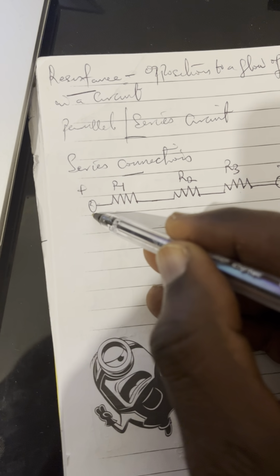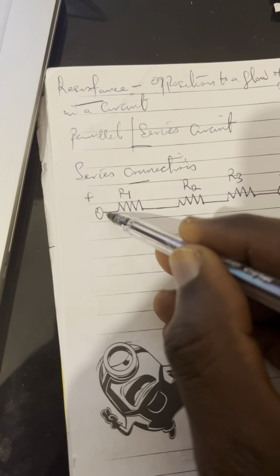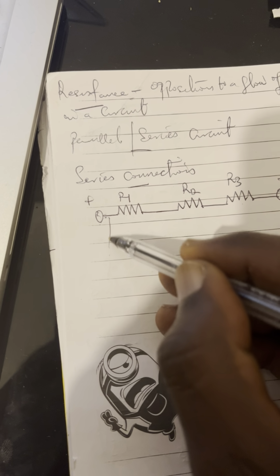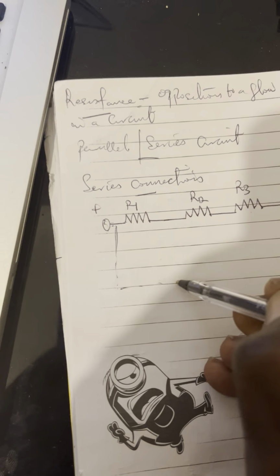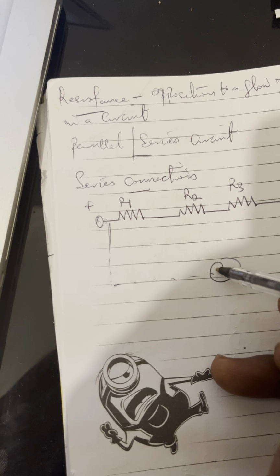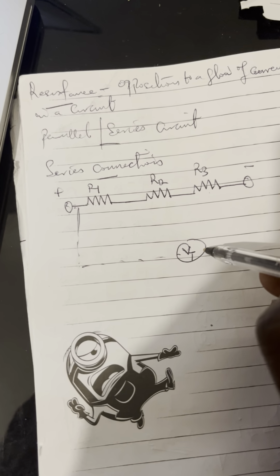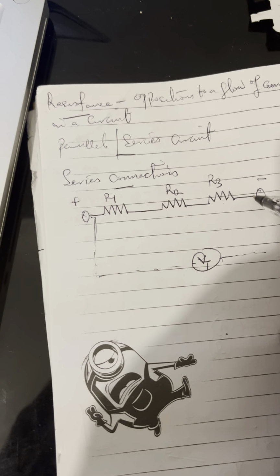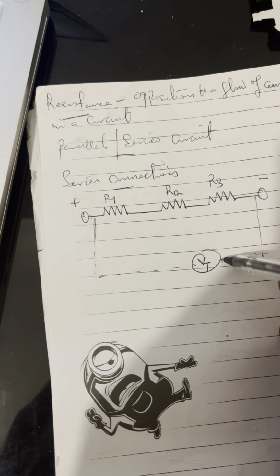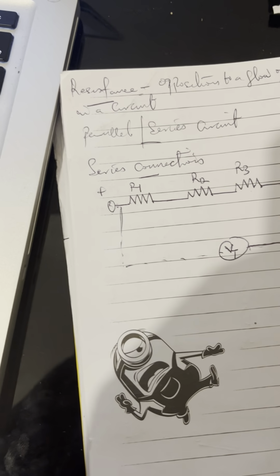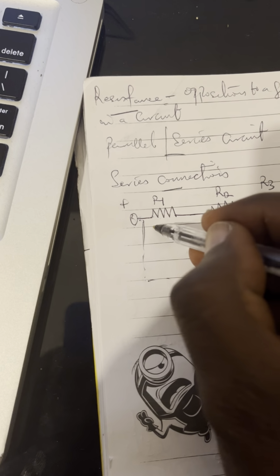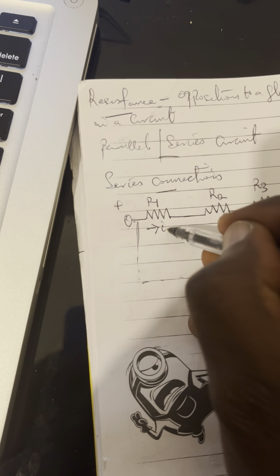Now, let's take this. There's a voltage here. Let's call that voltage V total. Now there's a current drop here, let's call it I1.